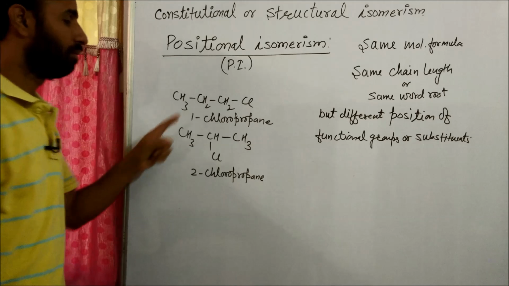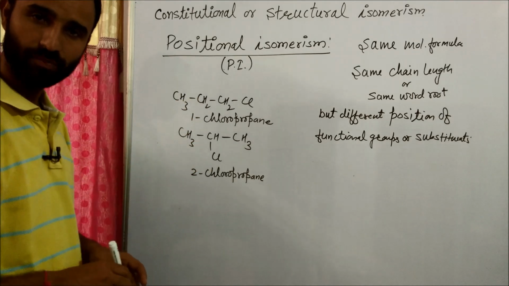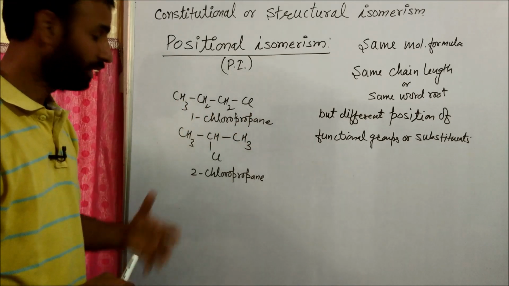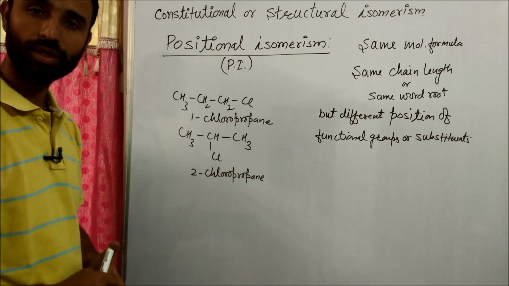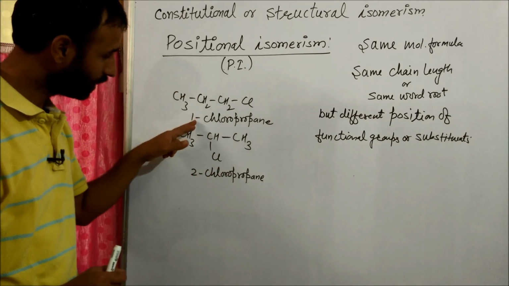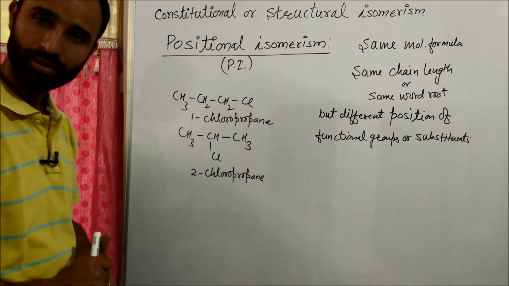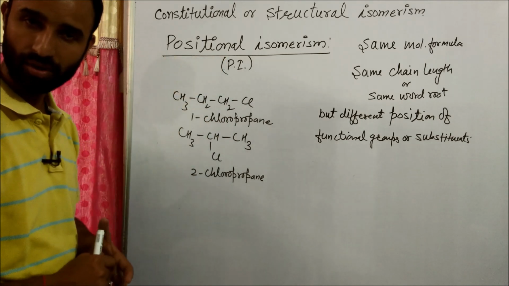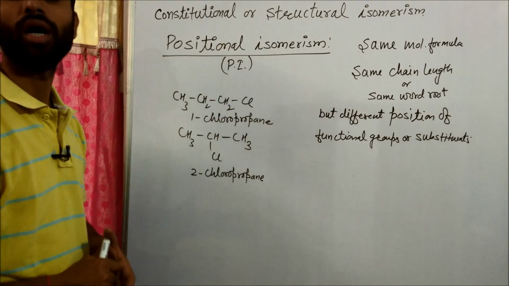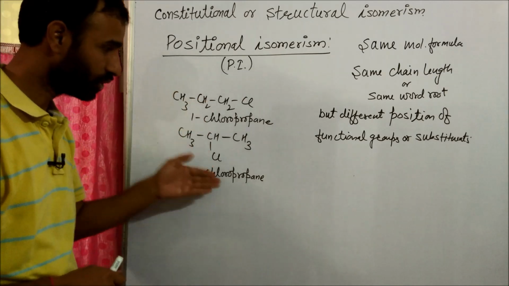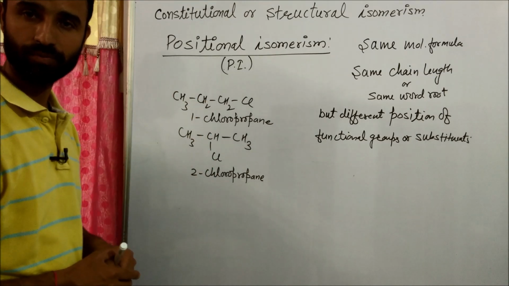Both are chloropropanes, but the first is 1-chloropropane, the other is 2-chloropropane. So there is a change in position of chlorine. So they are under the heading of positional isomerism, and they are position isomers.